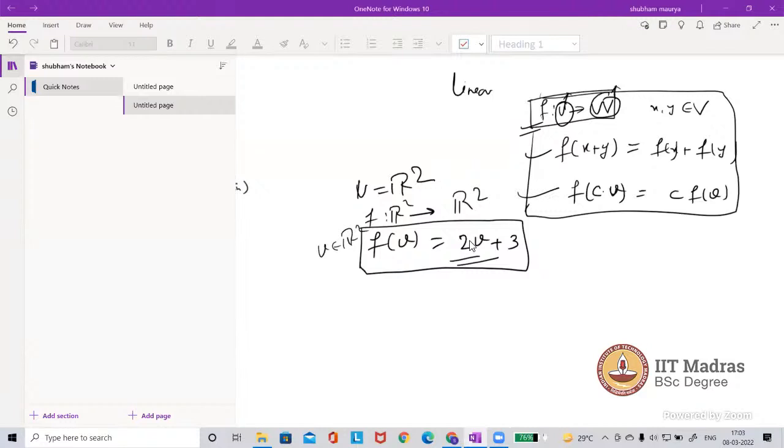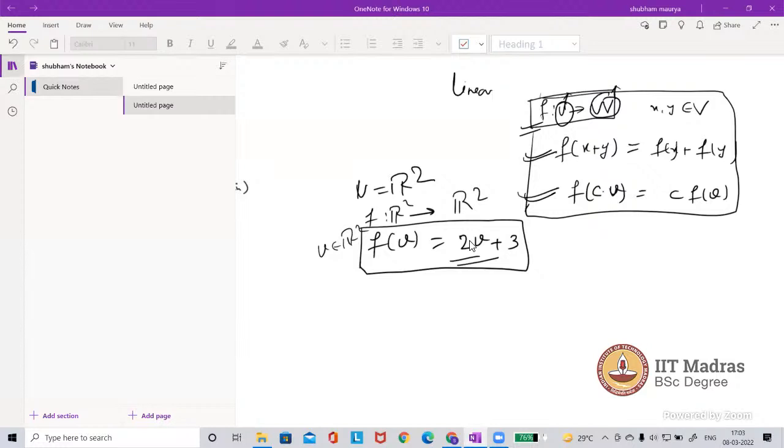F of 0 is not 0. It will not follow the scalar rule. The zero vector is not mapped to zero. So this function will not follow these two conditions.